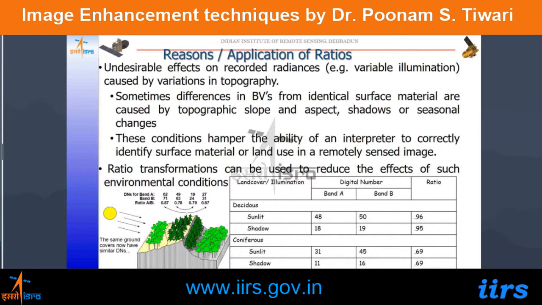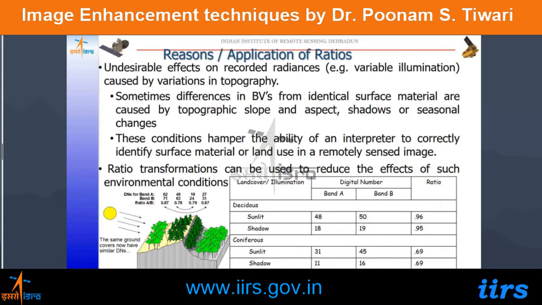When we are applying ratios, which bands should we ratio? It depends on what feature we are going to extract. So suppose we want to extract vegetation. Look at the spectral reflectance curve of vegetation. It shows a dip in the red part and a peak in the near infrared band.